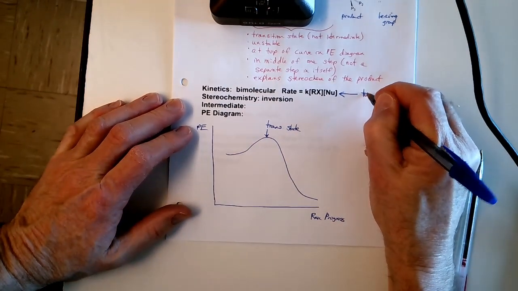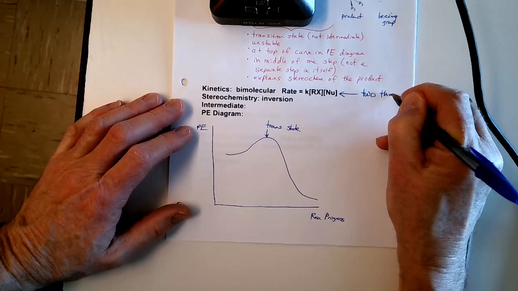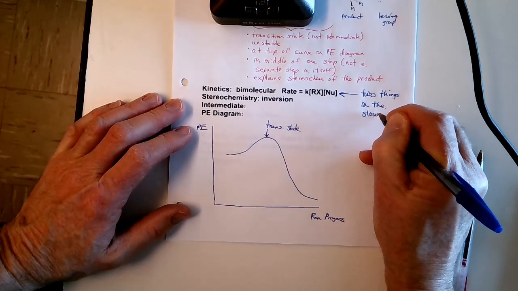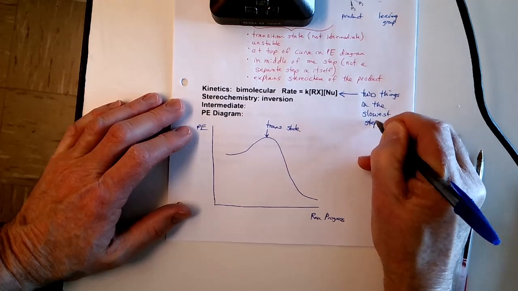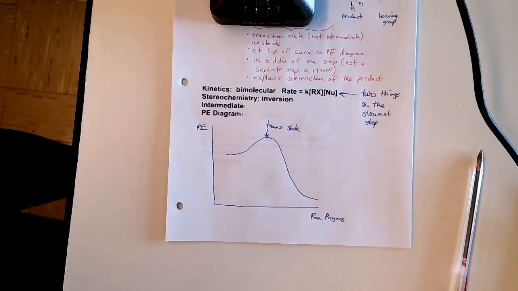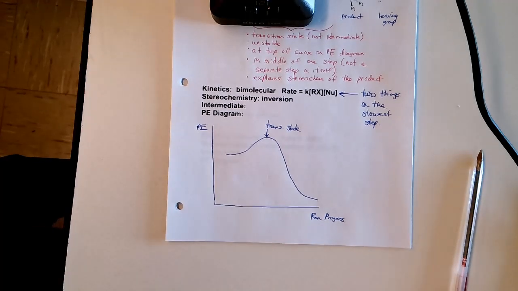Okay, two things in the slowest step. It so happens that the slowest step is the only step. That's the only one there is. That won't be the case when we get down the road a little bit.